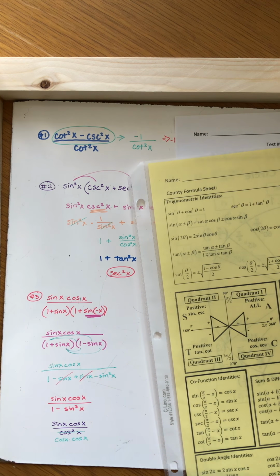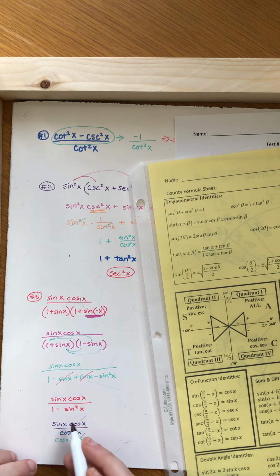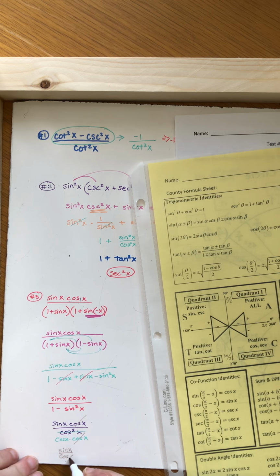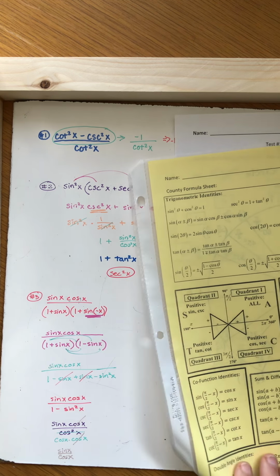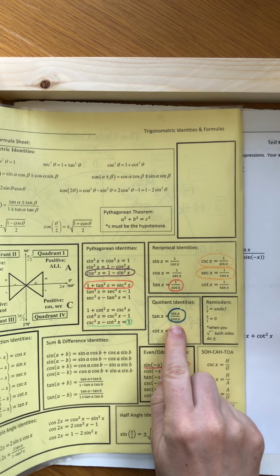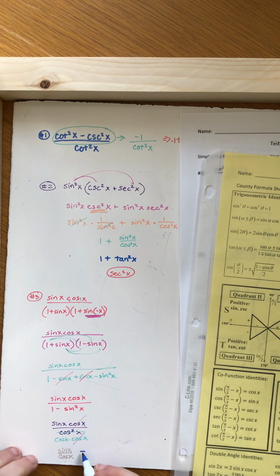So one of my cosines is going to cancel out. 1 cosine at the top, 1 cosine at the bottom, and that leaves me a sine x over a cosine x, which is a quotient identity, the same as right there. So my final answer is going to be tangent x.